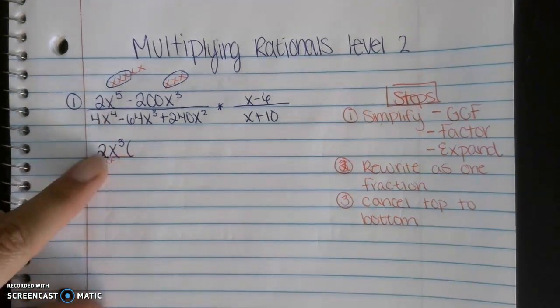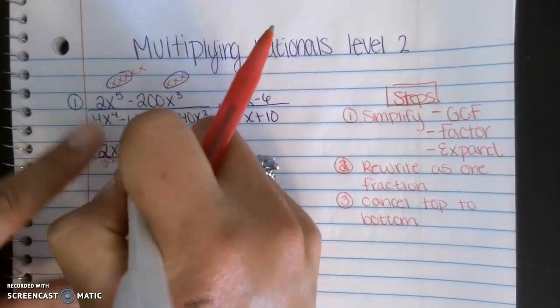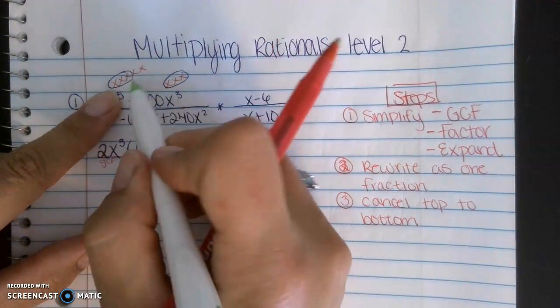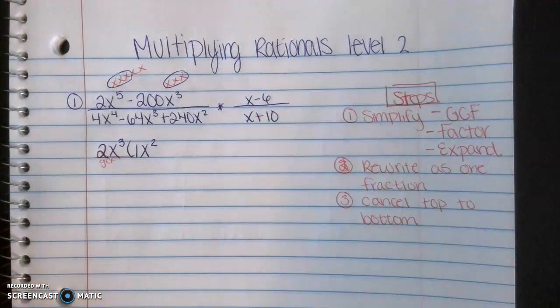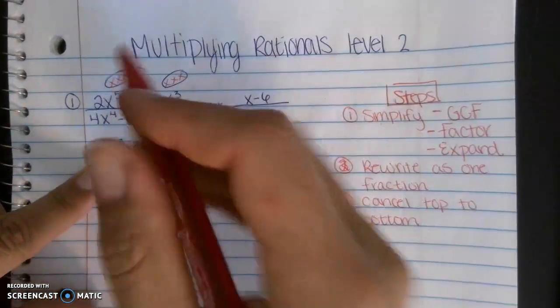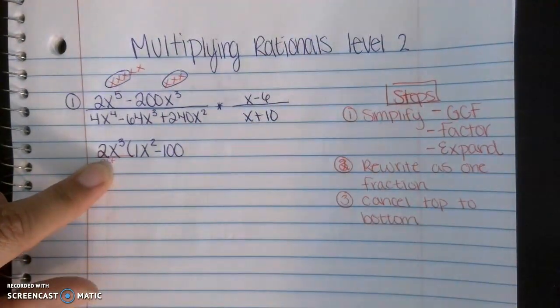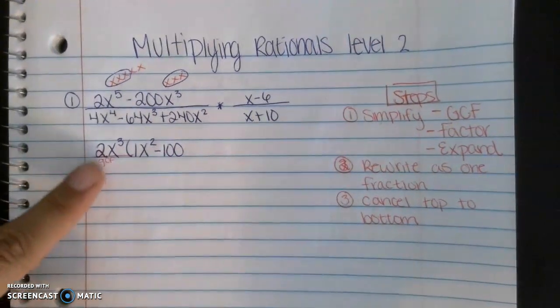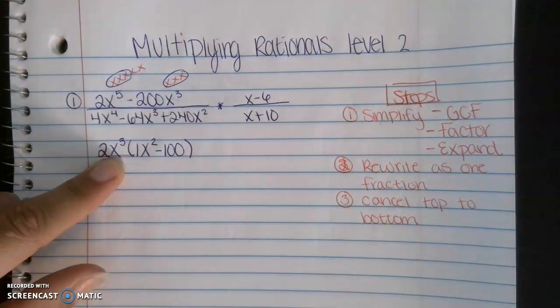Well, 2 divided by 2 would get me 1. If I had 5 x's and 3 of them went on the outside, I have x squared left over. Negative 200 divided by 2 will get me negative 100. And then for x to the 3rd, all of those went on the outside, so I don't have any more there.